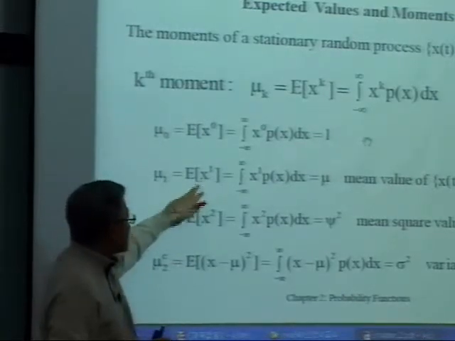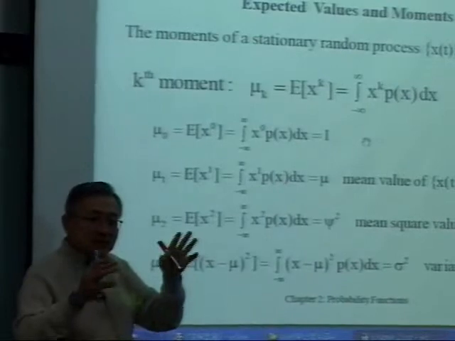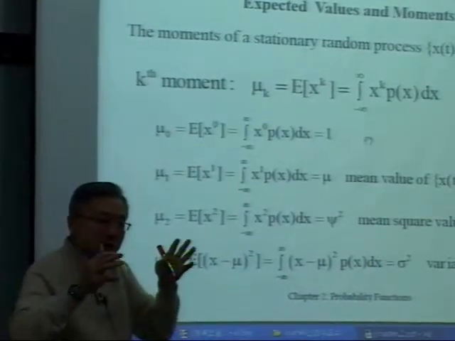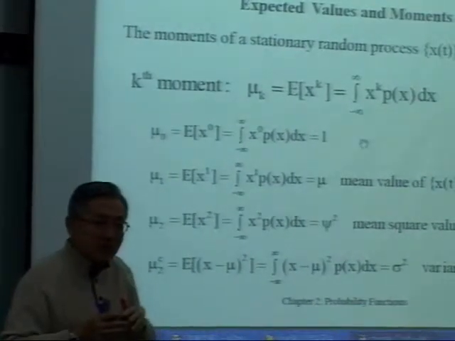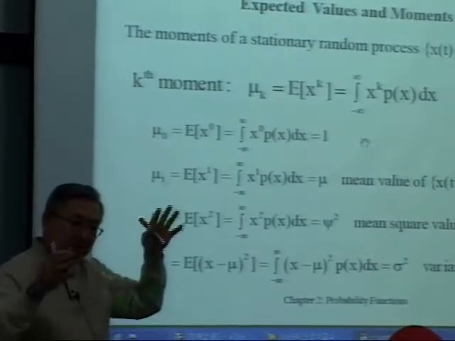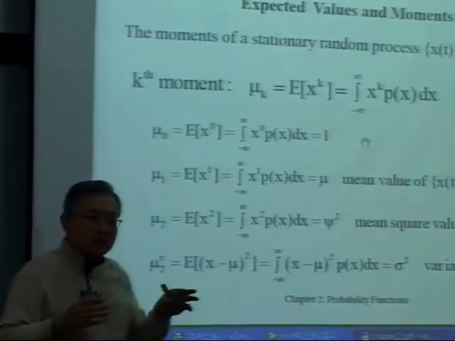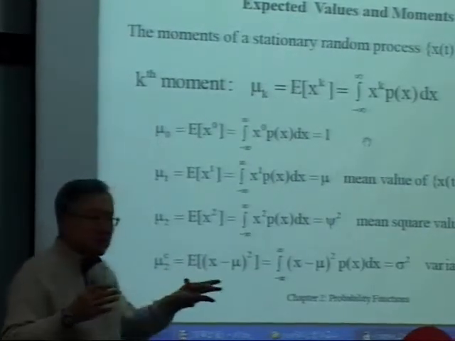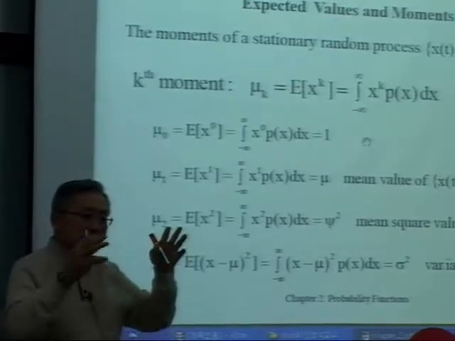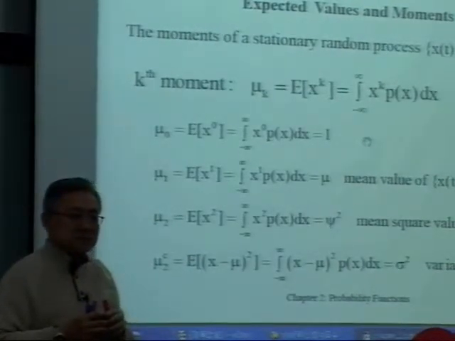What about all the others? This one is dispersion about x equal to 0. You're talking about spread about 0. Here, where variance is concerned, you are dealing with the spread around the mean.